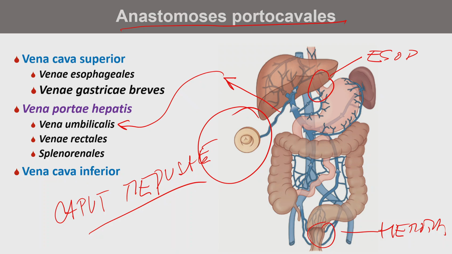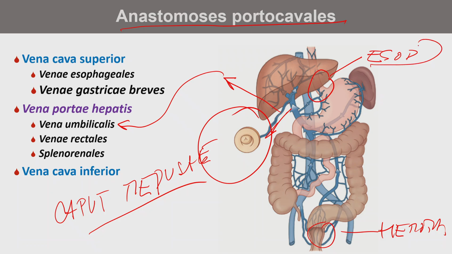So this is a very important outflow of blood from the liver. And for us, when we see a patient with portal problems, portal venous hypertension, this is very important. When we see it, this is a real direct sign that the patient has high pressure in the portal system.